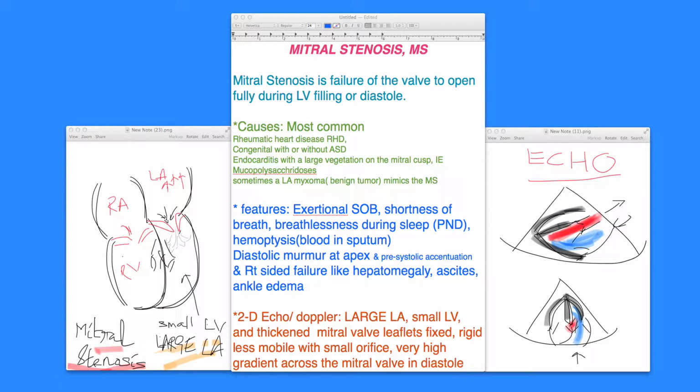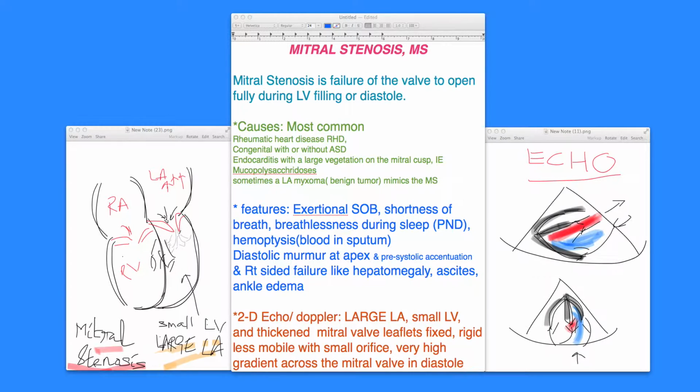In other words, the left atrium is making an extra effort to squeeze through this rigid, thickened, or small orifice valve into the left ventricle. So obviously the left ventricle is not getting enough blood, because the left atrium is still trying to squeeze during diastole for a longer period of time and sending blood into the left ventricle to an extent that the cardiac output can still be relatively maintained, initially at least.